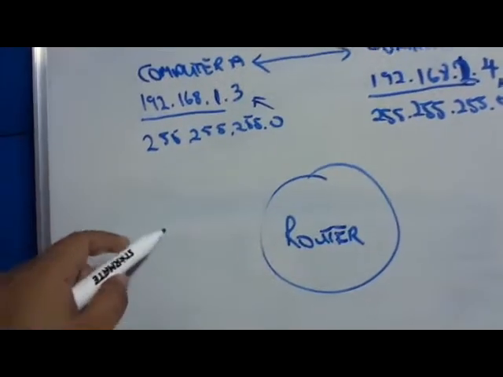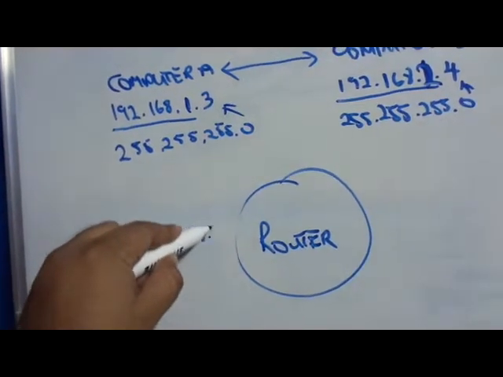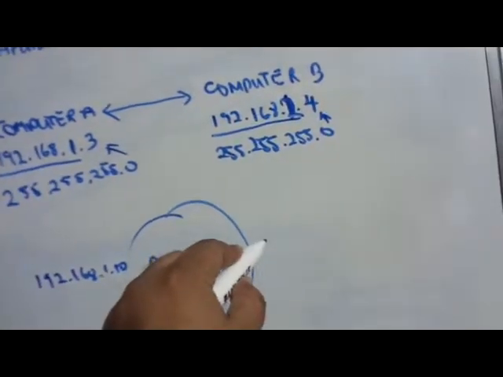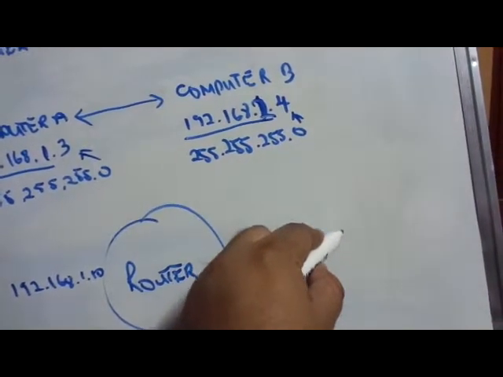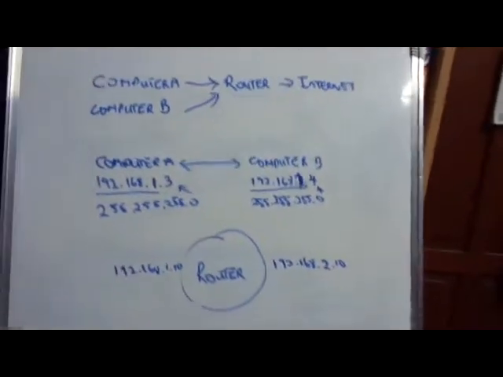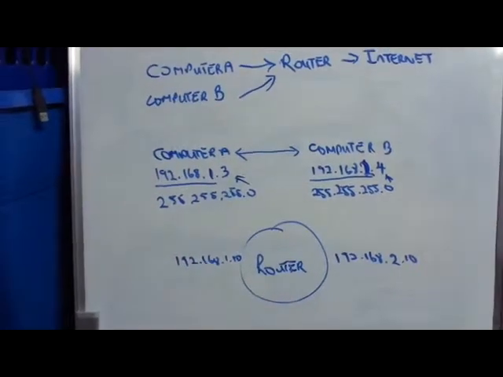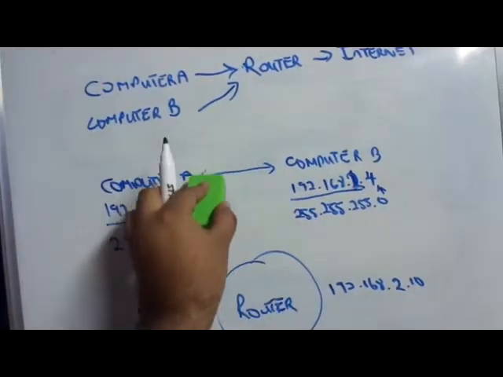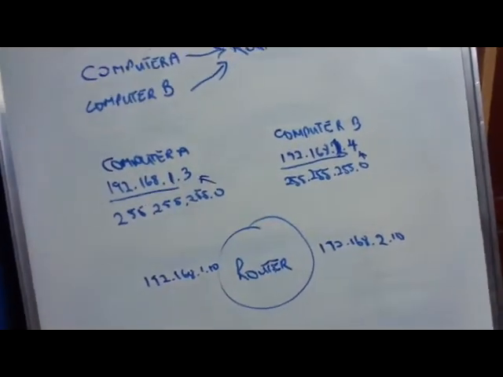So let's assume that the router has an interface here of 192.168.1.10, and let's also assume that the router has another interface of 192.168.2.10. I have to erase something here. We need to signify that communication is not possible between A and B, so let's take off this arrow. Good. So it's not possible between A and B.